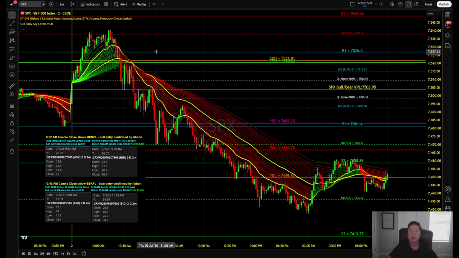And we had an early bullish opportunity off the 5 minute chart using the same process of a close above a key level or a contextual level, followed by confirmation for the entry from the ribbon indicator.